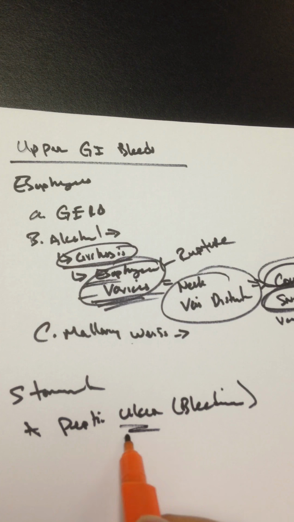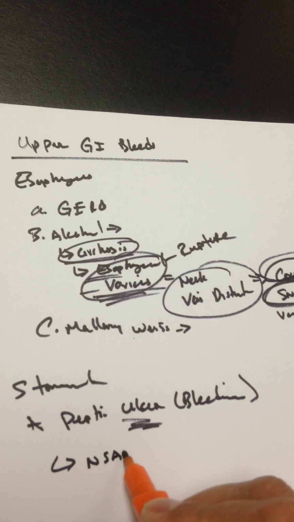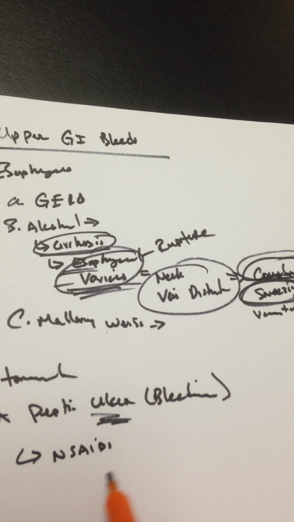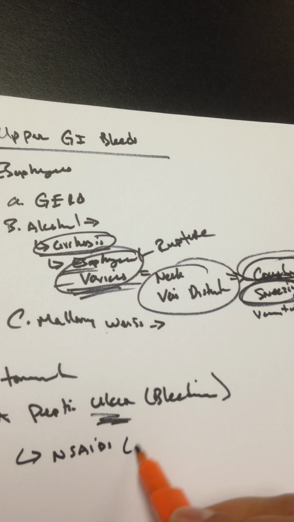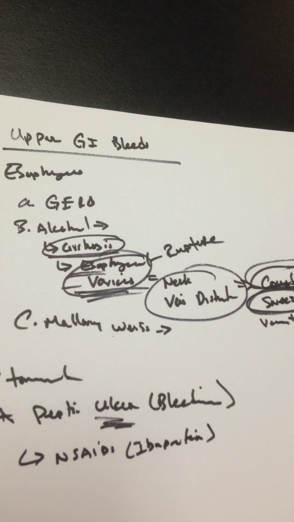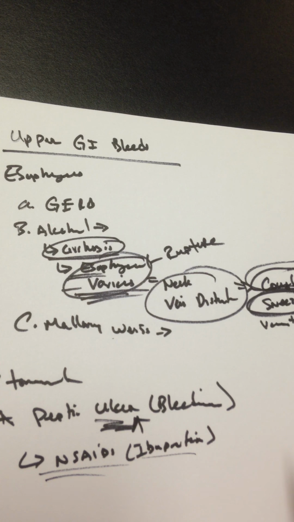So the ulcers may be induced by NSAIDs, your over-the-counter medication, your ibuprofen. So you want to educate your patient on the medications that they take. If they take ibuprofen or NSAIDs for large periods of time, that can cause ulcer formation.